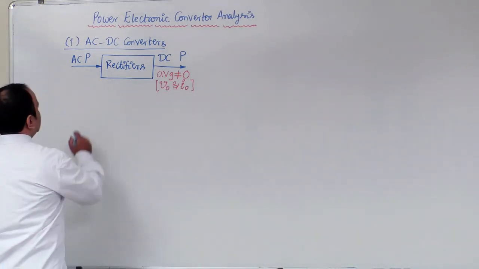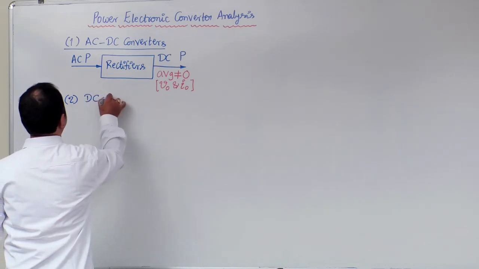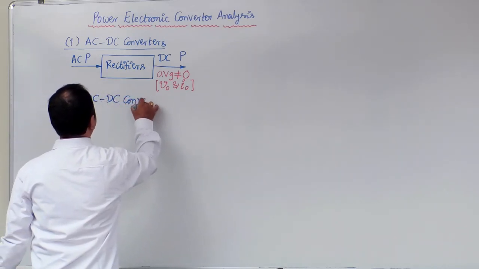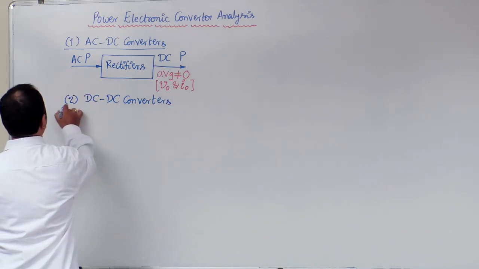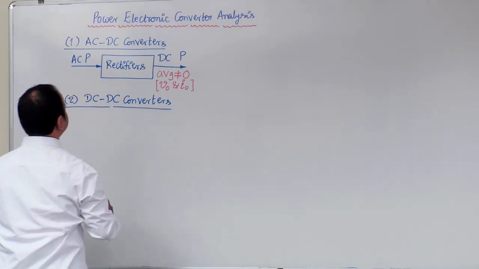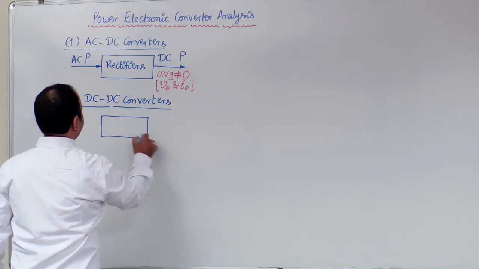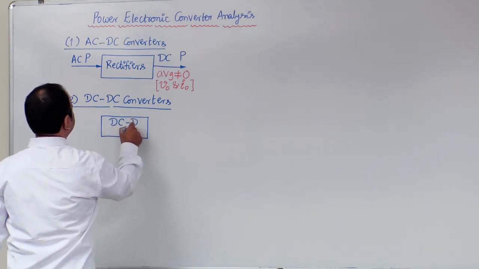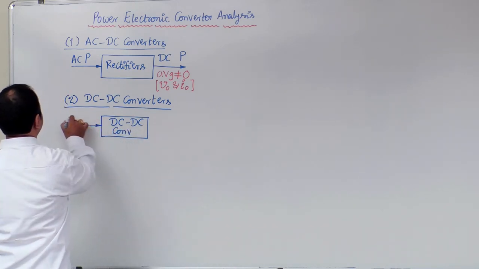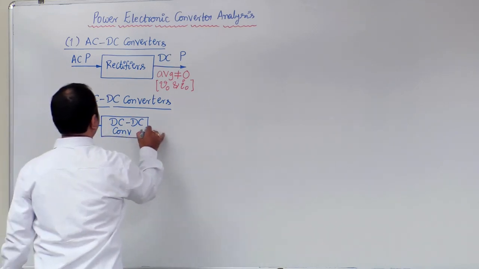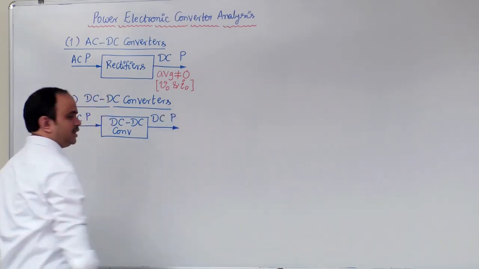Now let us look into the second category, that is DC to DC converters. As the name indicates, for these circuits, input is DC power, output is also DC power.